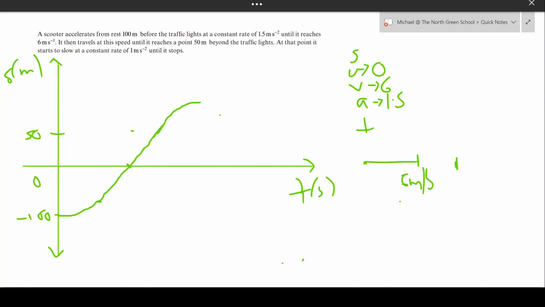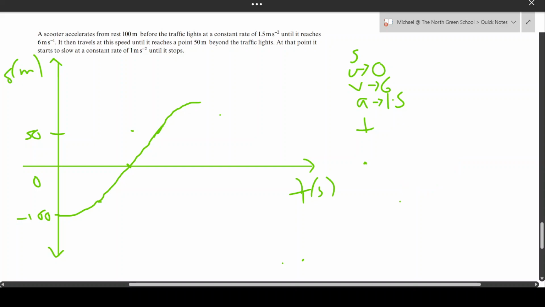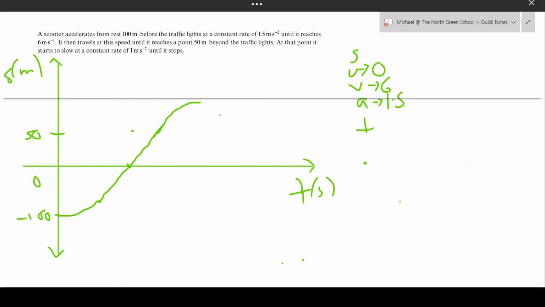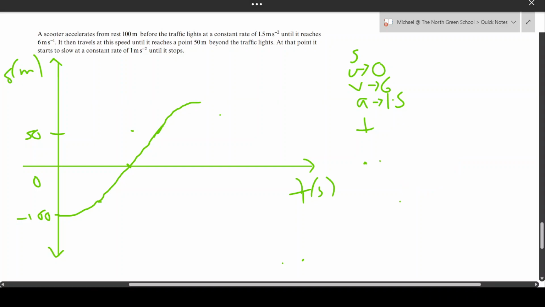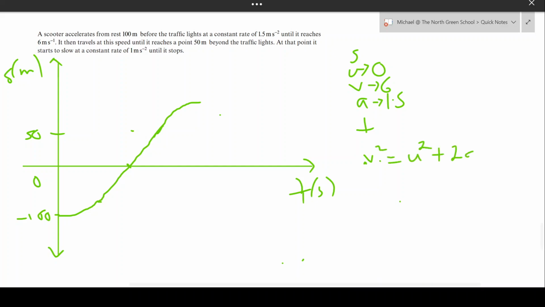So what can we do here? We need to find the displacement covered in that part. We can calculate it using v squared equals u squared plus 2as. So v is 6, so 6 squared is equal to 0 squared plus 2 times 1.5 times s.